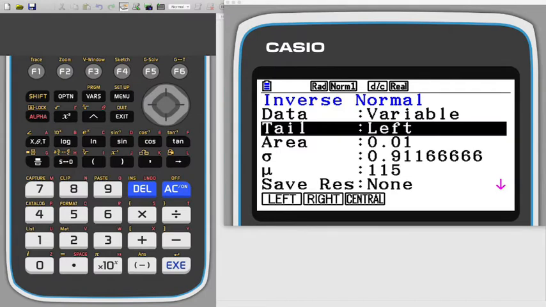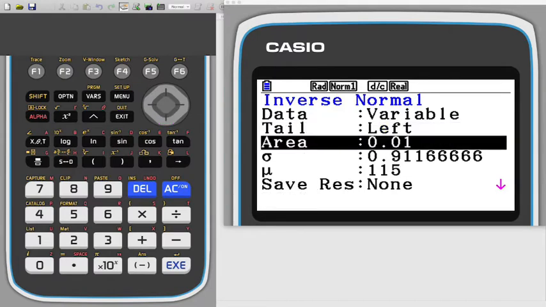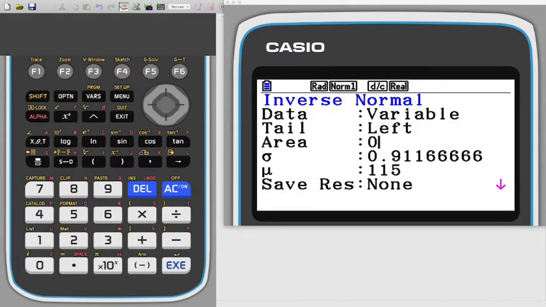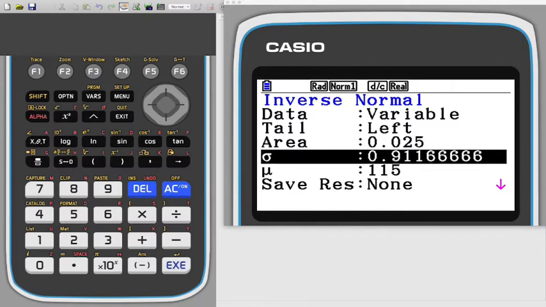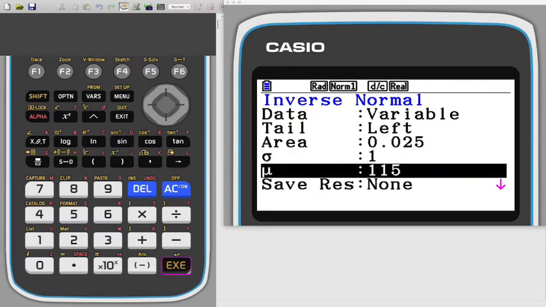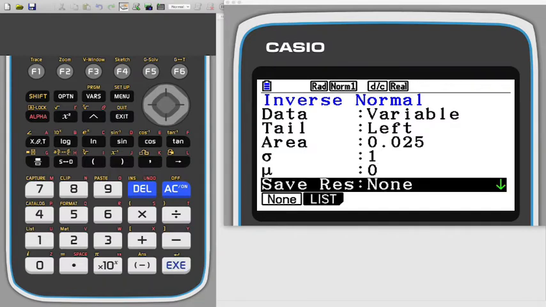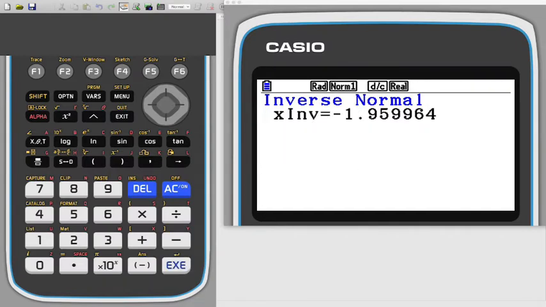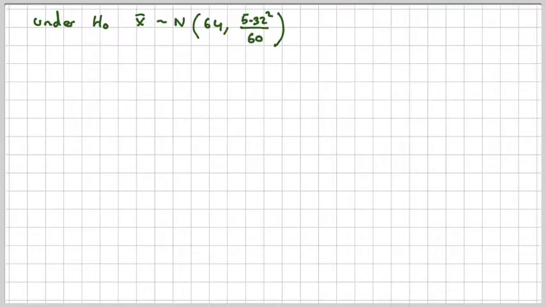We'll look for the left-hand side, but the area would have to be 0.025. The standard deviation would have to be 1 if we're using the standard normal curve, and the mean 0, and that would give you minus 1.96, which you should be familiar with anyhow.